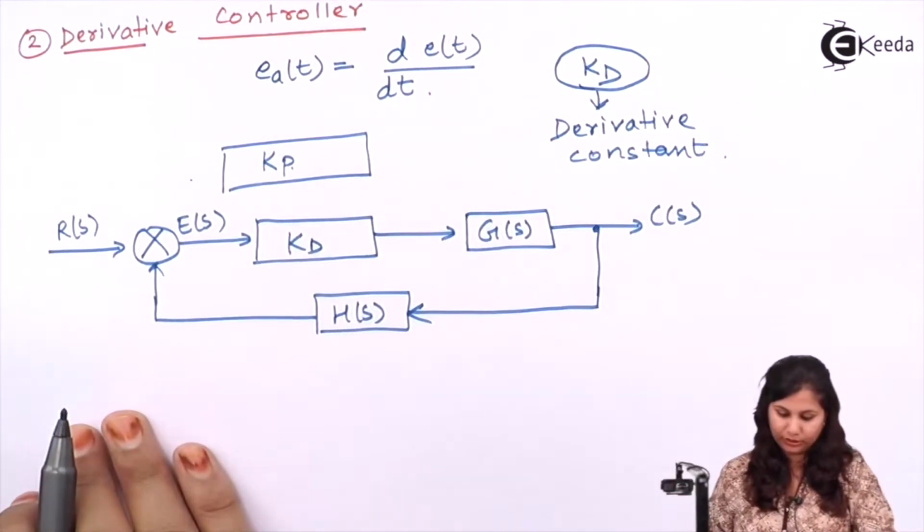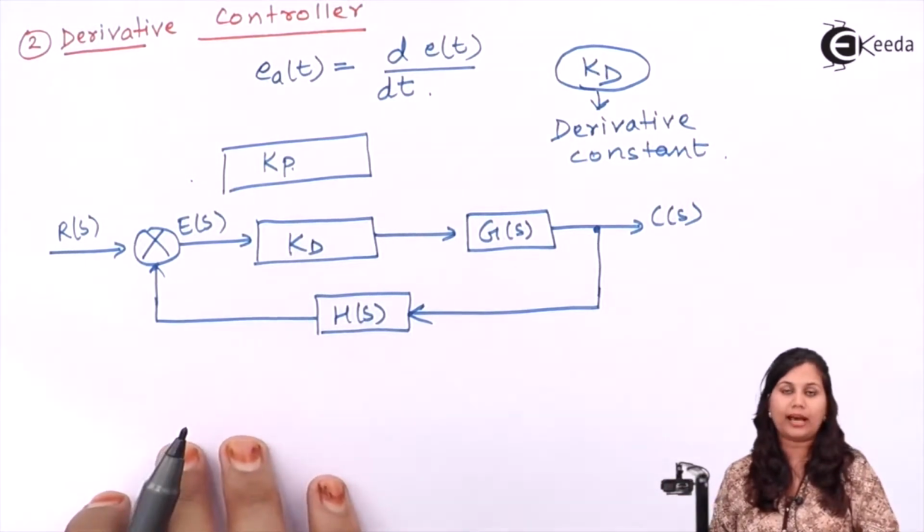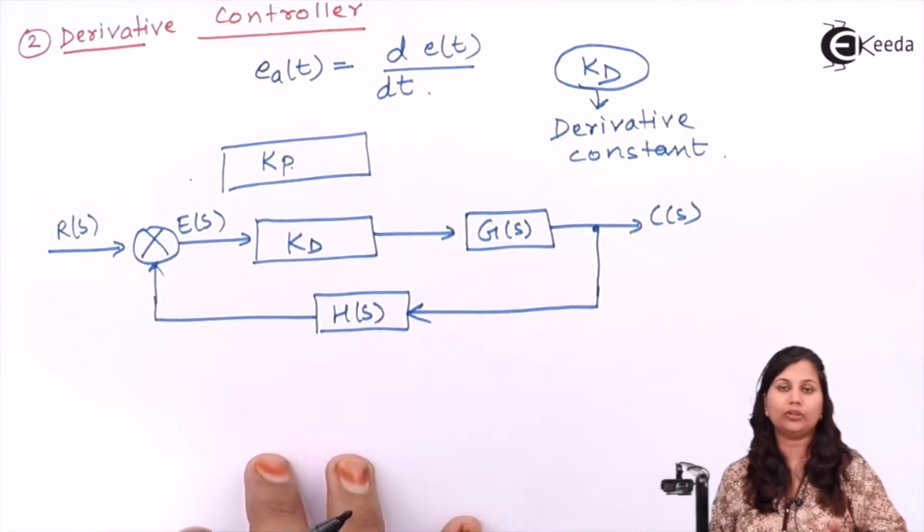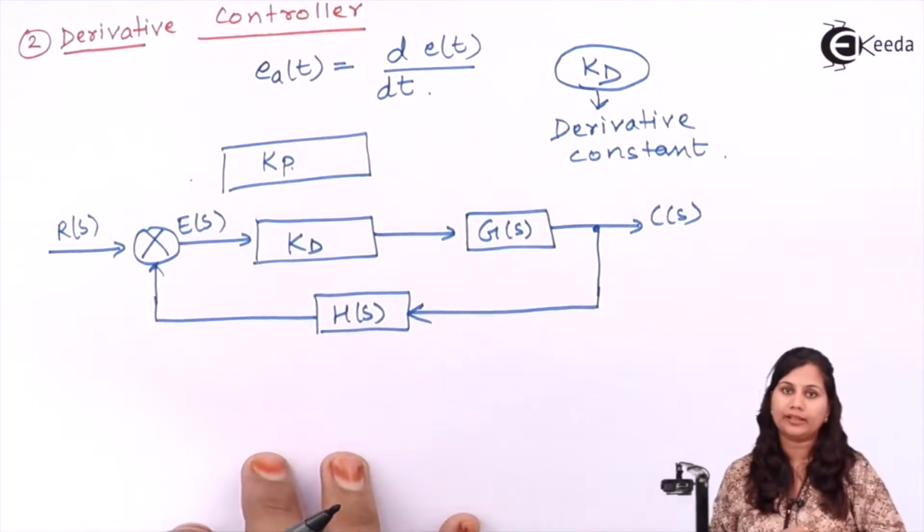Now the third controller is the integral controller, and in the integral controller the actuating signal is equal to the integral of the error signal.